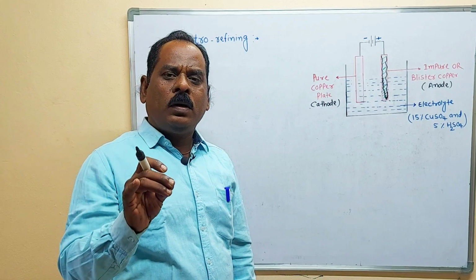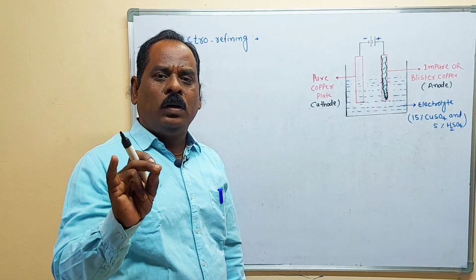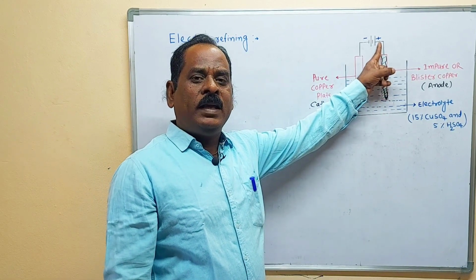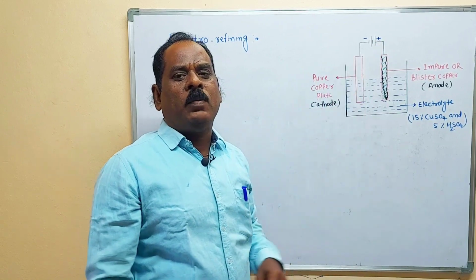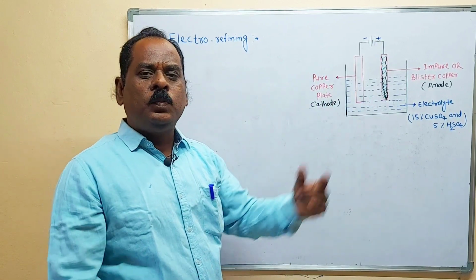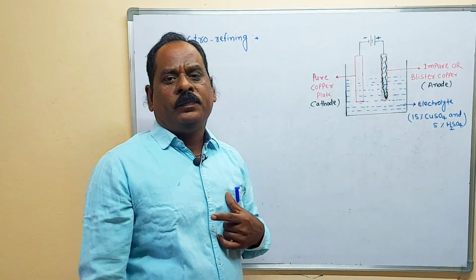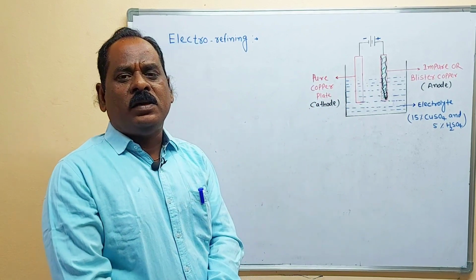The impure metal rod is always connected to the positive terminal of the battery, and the pure metal rod is connected to the negative terminal of the battery. Dip both the rods in the aqueous electrolytic solution, and then pass the electricity.